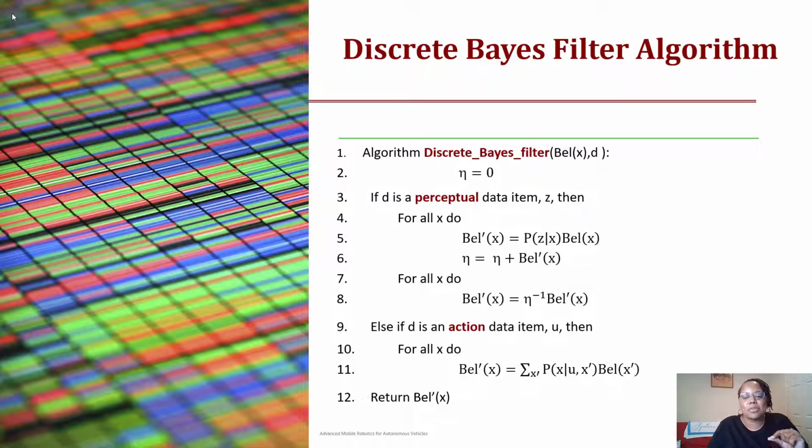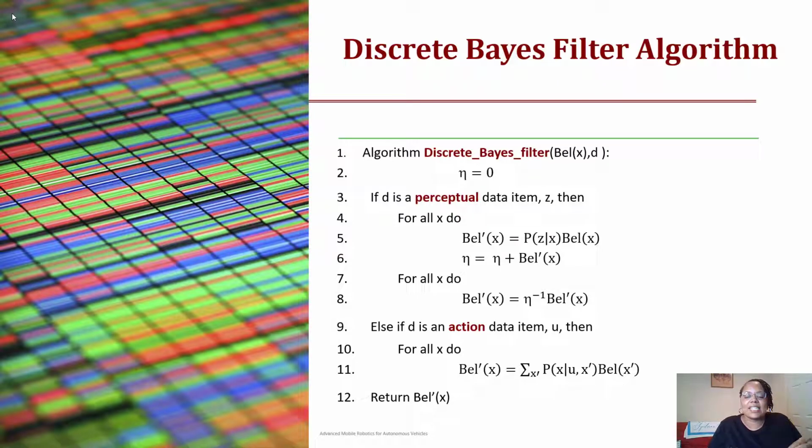If my data is perceptual data, such as z, then I have a for loop that says the next possible posterior belief state is based upon the probability of z given x times the current belief of x. And the normalization constant is equal to n plus the next posterior belief of x. You do this for all x, so it ends up being a for loop. Then at the end, you cycle through the loop again and divide by n in order to normalize.